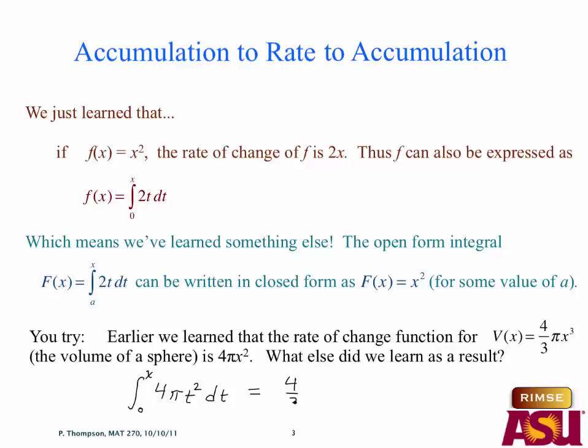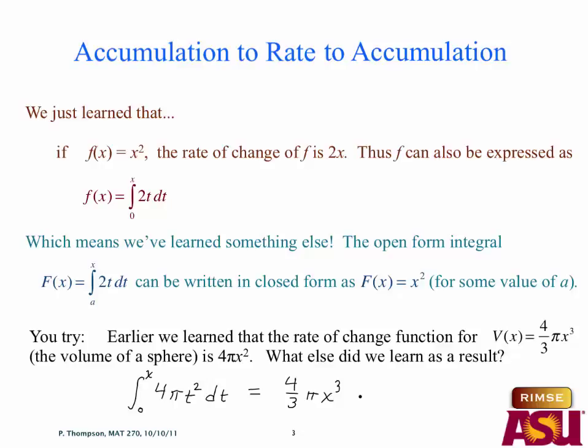Equals 4/3 pi x cubed. We learned that if you had this open form integral, 4 pi t squared, we learned how we could write it in closed form. How can we write it in closed form? 4/3 pi x cubed.